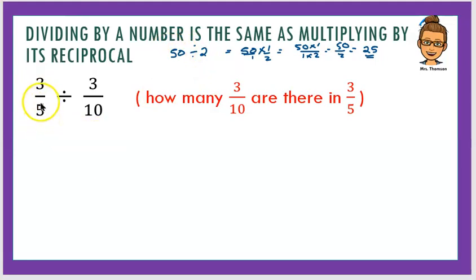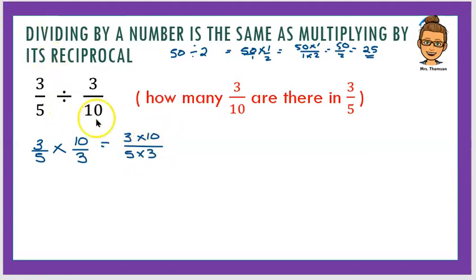So we now have 3/5 divided by 3/10. How are we going to do this? We know that dividing by a number is the same as multiplying by the reciprocal. So we're going to go 3/5 multiplied by the reciprocal, which is 10 over 3. So we're going to get 3 times 10 over 5 times 3.